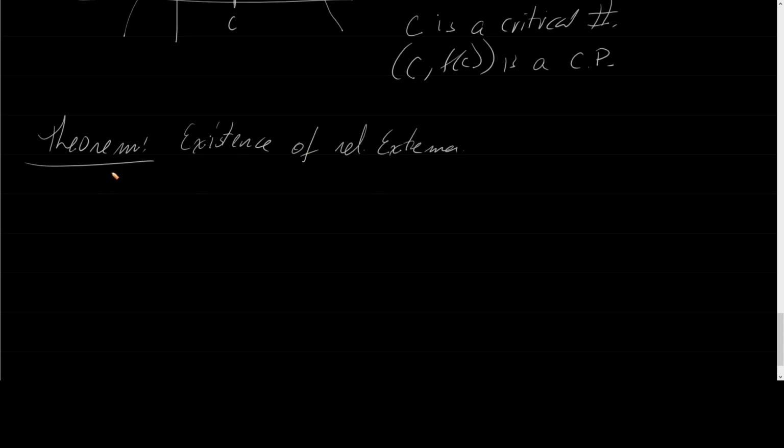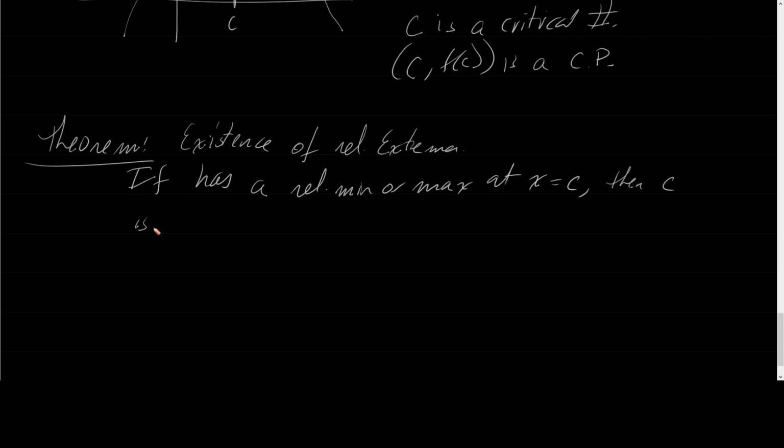If f has a relative min or max at x equals c, then c is a critical value or critical number of f.